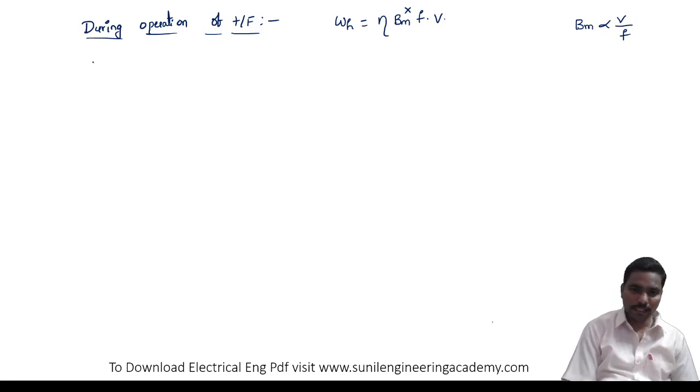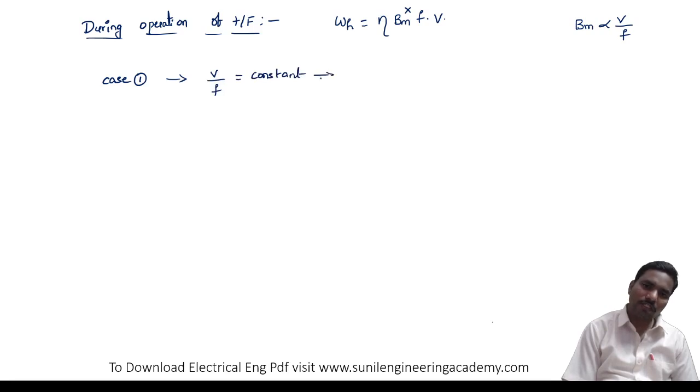So let us take case 1. In case 1, I am taking V by F constant. If V by F is constant, we know very well B max is constant.